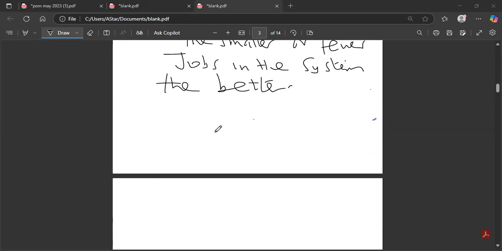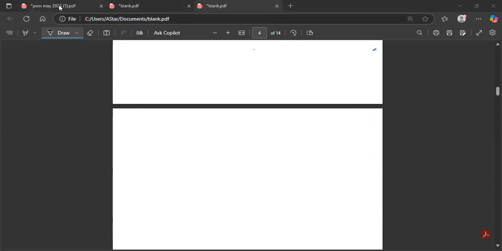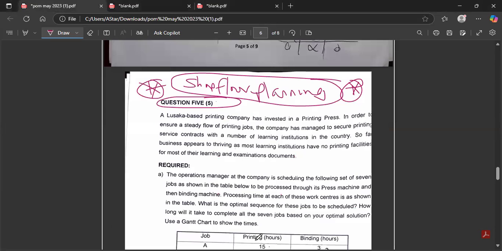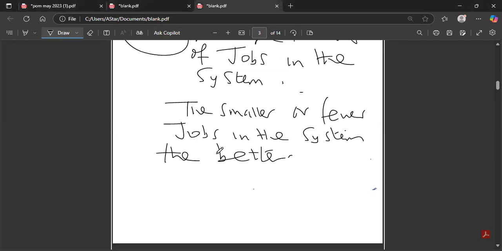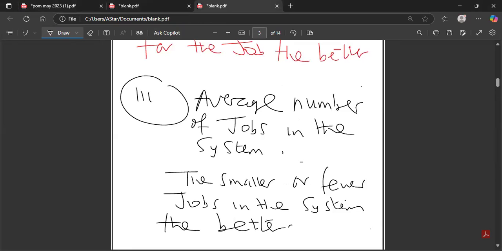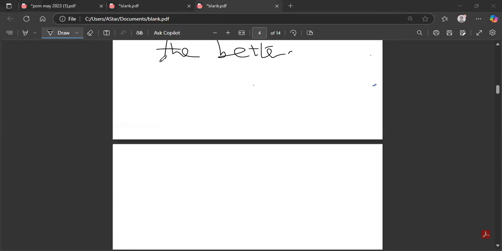Okay, I'm trying to explain this to you before we answer question 4. Question 4 on shop floor planning has that composition. Then we go to part B, the first part.